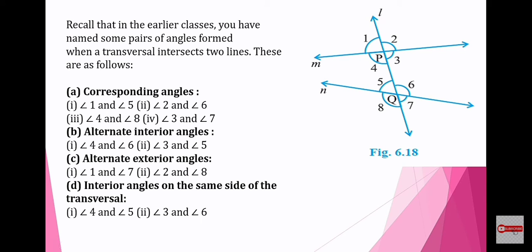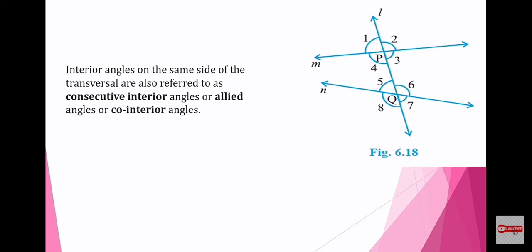So, in the previous classes, you have already learned about corresponding angles, alternate interior angles, alternate exterior angles, and interior angles on the same side of the transversal. So, recollect all those.